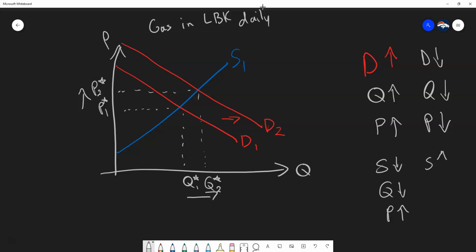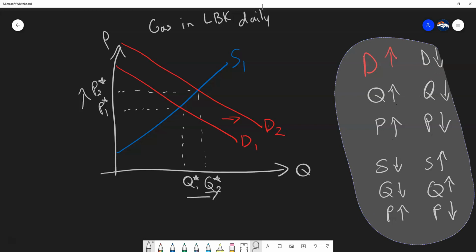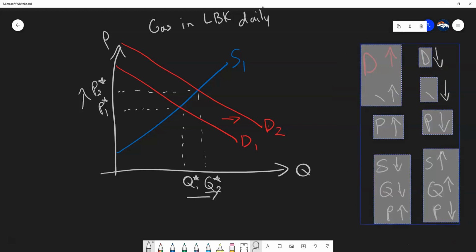If supply increases, then quantity, on the other hand, would increase, but our price would decrease. Hopefully that makes sense. I'm going to give you all some practice problems, and hopefully that'll help you understand it.